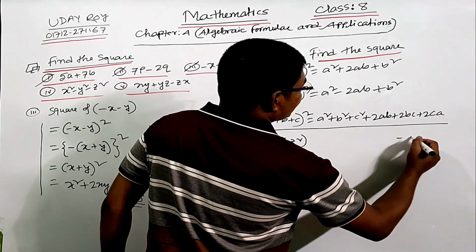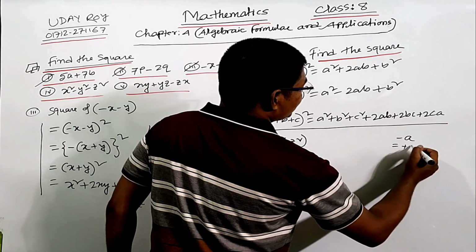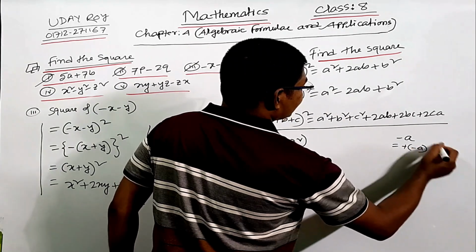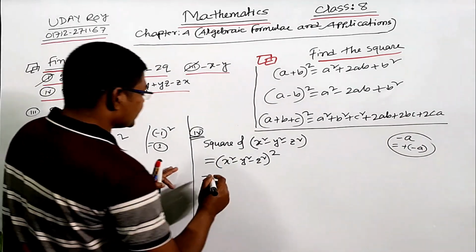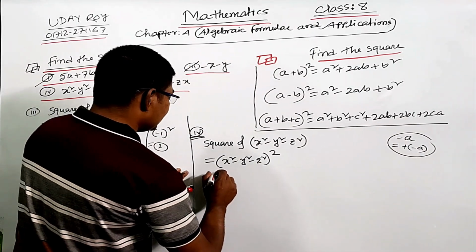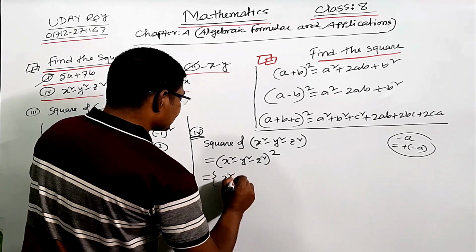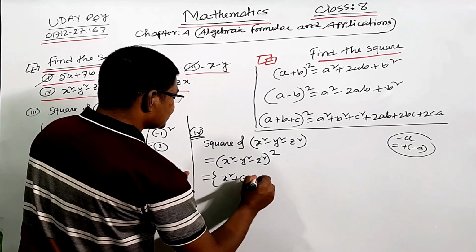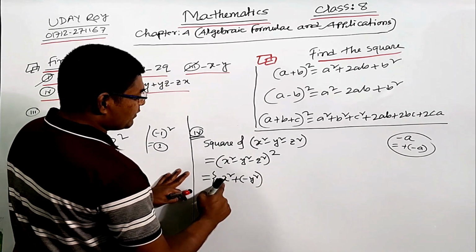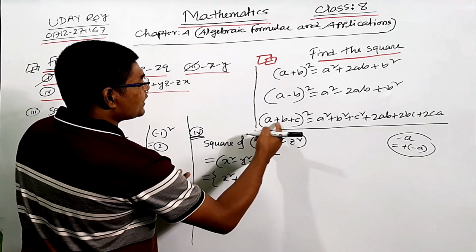If you can see minus a, if we want to convert into plus, we can take this position. So here is minus y square. If we convert, it will be easy for you. Here is x square, here is minus, so take plus minus. So we have got x square according to the rules a plus b plus c.